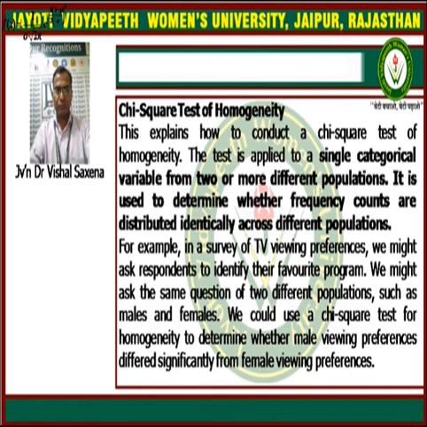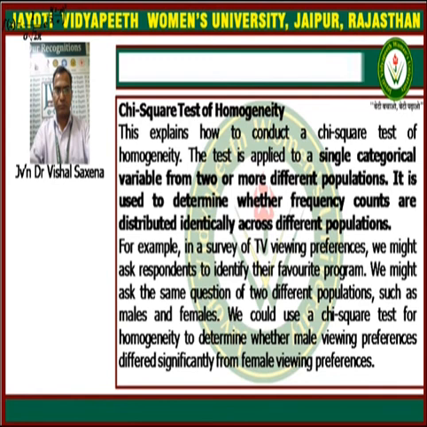We can understand this with an example. In a survey of TV viewing preferences, we might ask respondents to identify their favorite program. We might ask the same question of two different populations, such as males and females, and we could use a chi-square test for homogeneity to determine whether male viewing preferences differ significantly from female viewing preferences.